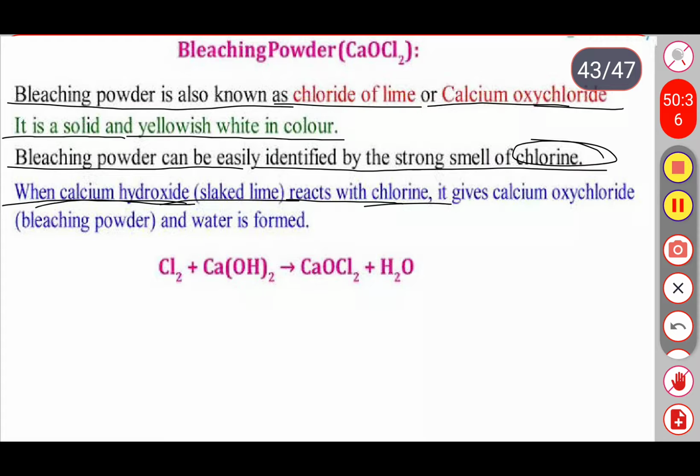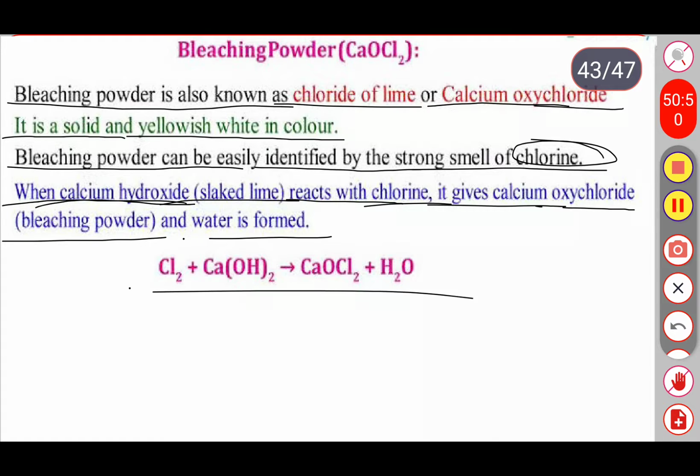One more important compound is water. See here the reaction or the preparation of bleaching powder: when calcium hydroxide is treated with chlorine, it forms calcium oxychloride along with water. So this is the preparation of bleaching powder.